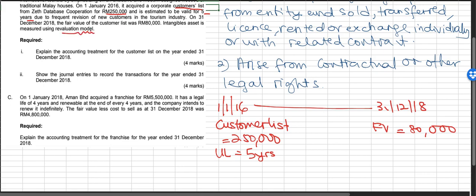The measurement of the subsequent cost is similar to PPE. For PPE we measure based on either the cost model or revaluation model. Same goes to IA. When it is a revaluation model, you have to compare the carrying value and fair value, and find whether you get surplus or deficit.